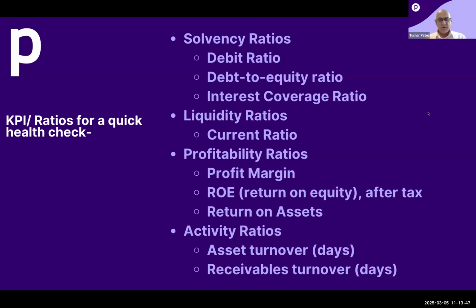And then the last couple are more activity ratios. It shows how your assets are turning over. So your net sales divided by your assets shows how many sales you're generating for assets employed within the business. And then receivables turnover, how long your customers are taking to pay you, normally represented in days.